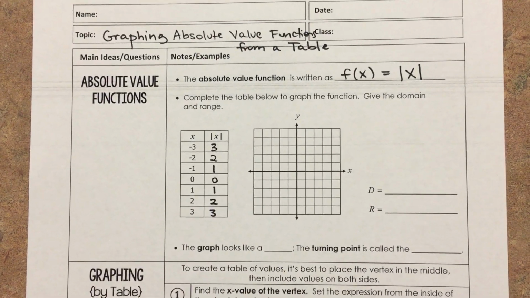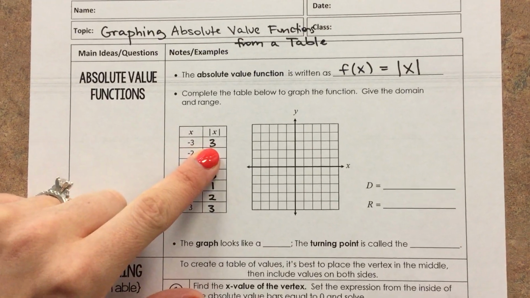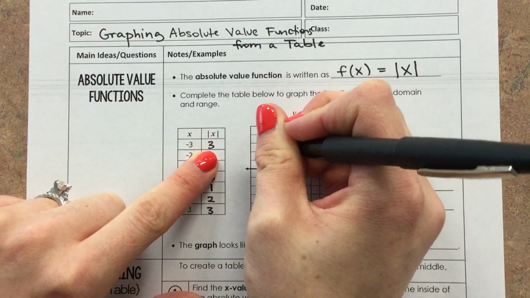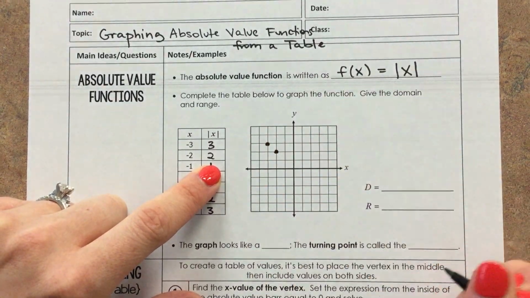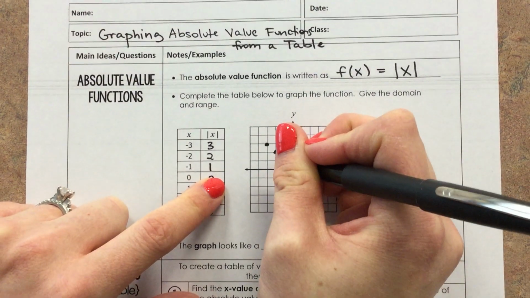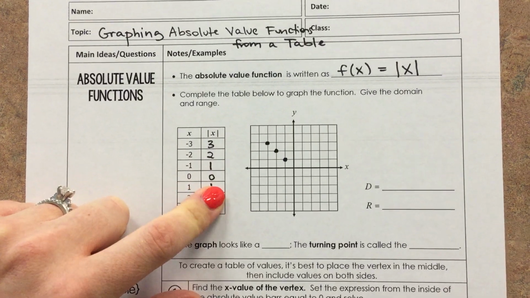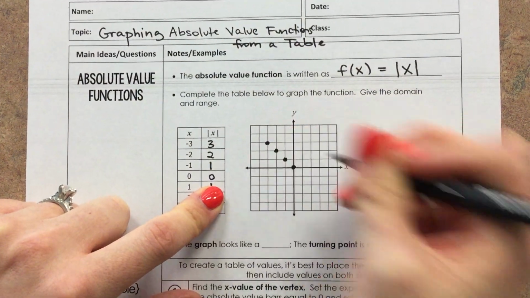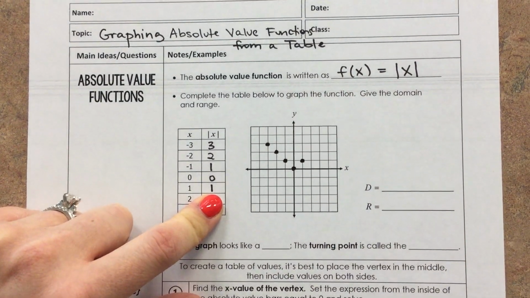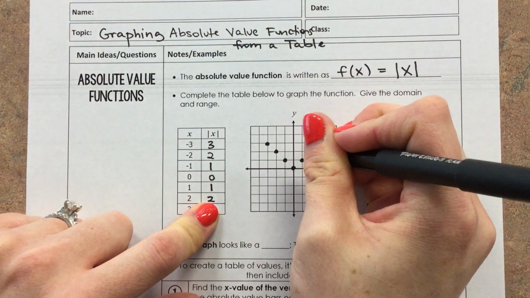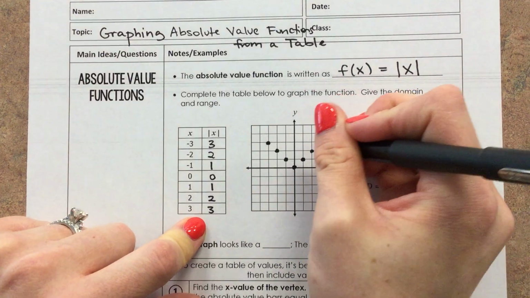So now you've got these 7 points. We're going to plot them. So -3, +3 would be right here. -2, +2, right here. -1, +1. This middle point is 0, 0. That's just right at the origin. 1, 1. Then it starts to go back up this way. 2, 2. It's right there. And our last one, 3, 3.